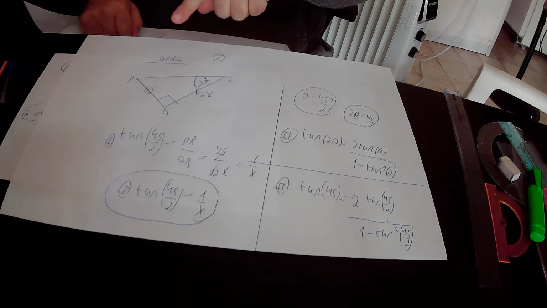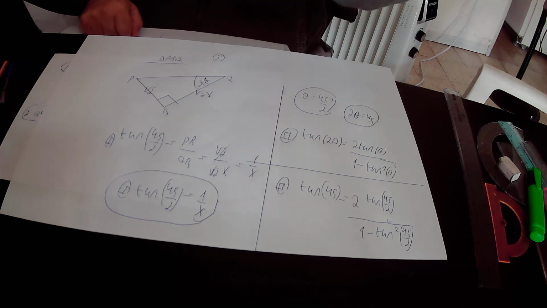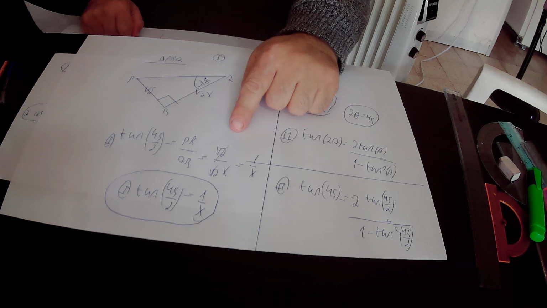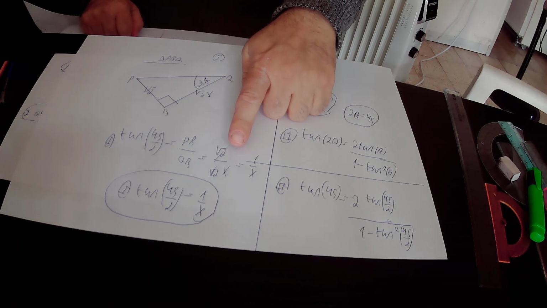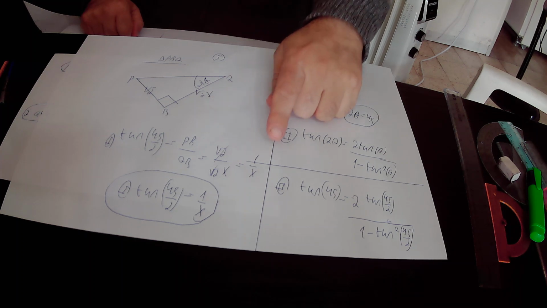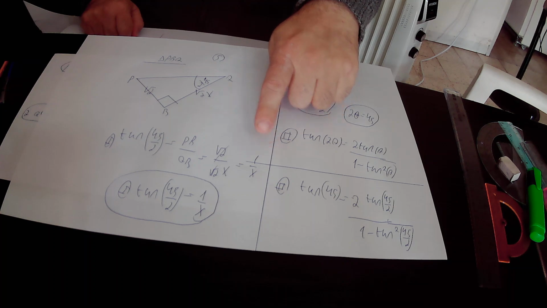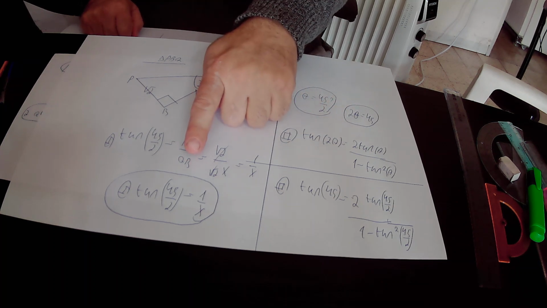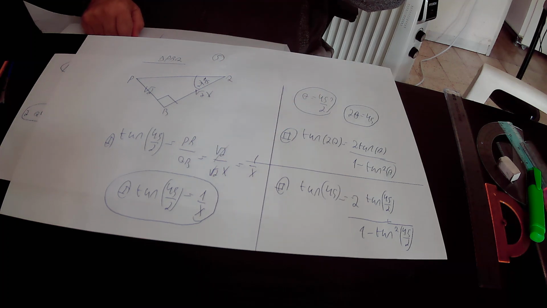PB is the square root of 2 and QB is the square root of 2 times x, so the square root of 2 gets cancelled. Finally we found out that tangent 45 degrees over 2 equals 1 over x. This is equation number 1.